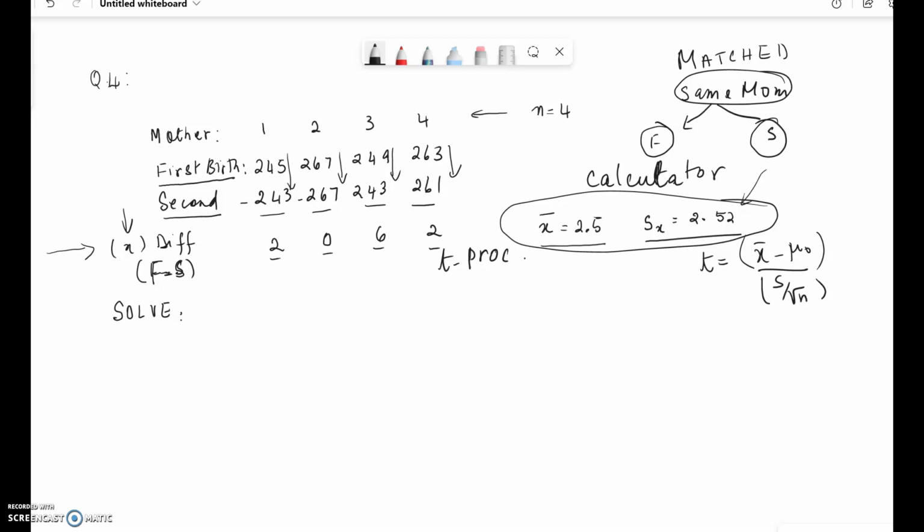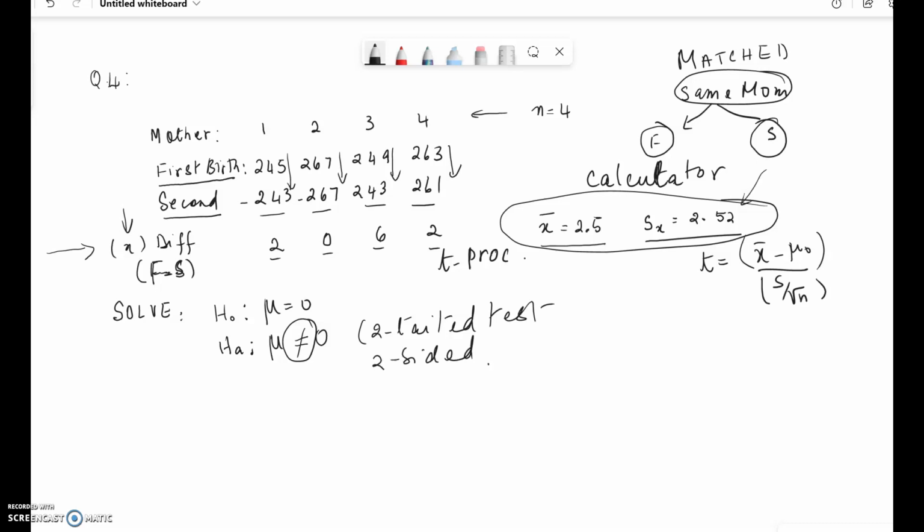So in the solve part, we first write down our null and alternative hypothesis exactly the way it is written here, right? And that is mu equals 0, and the question says, is there a difference in the gestational time? They're not talking about less than or greater than, they're talking about a difference. So therefore, this is a 2-tailed test because of the not equal to, or a 2-sided test.